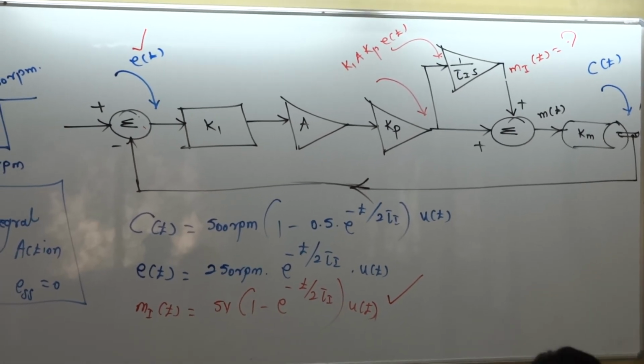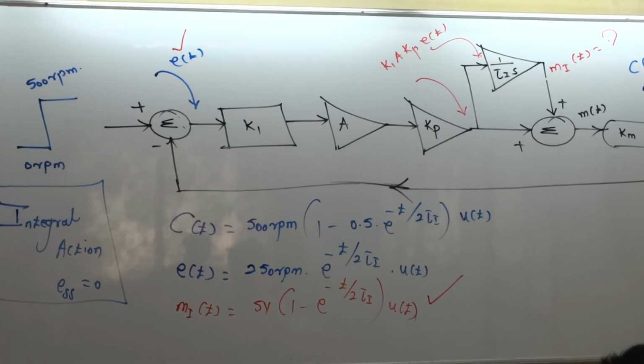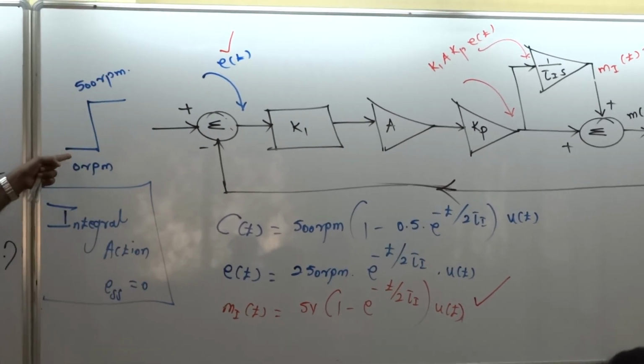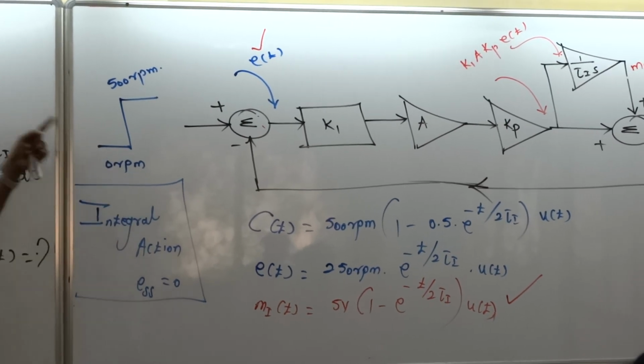Plot all the three signals now. We have to plot C of t, MI of t, along with R of t. Okay?